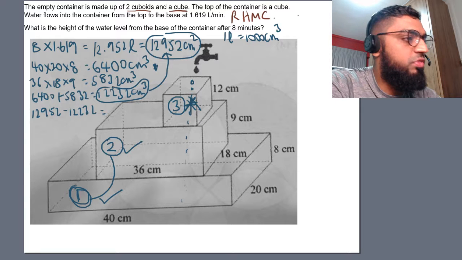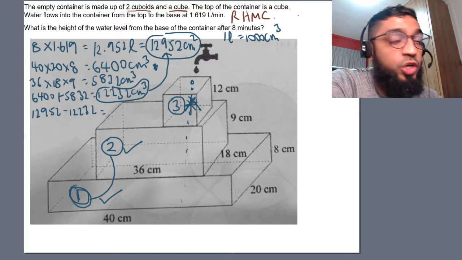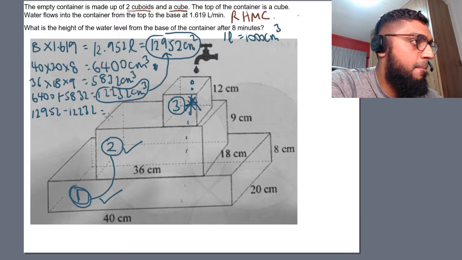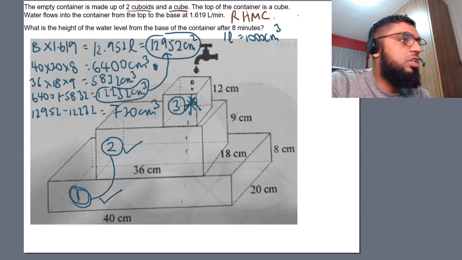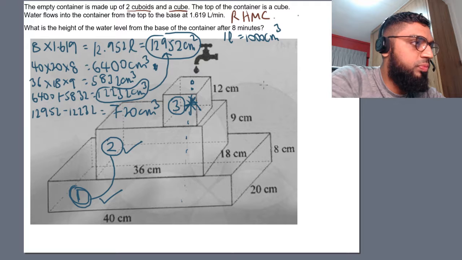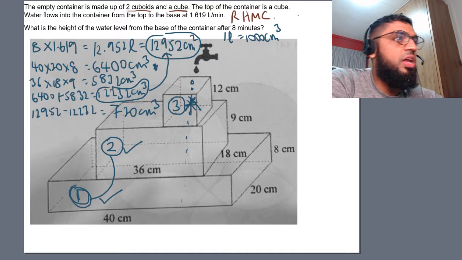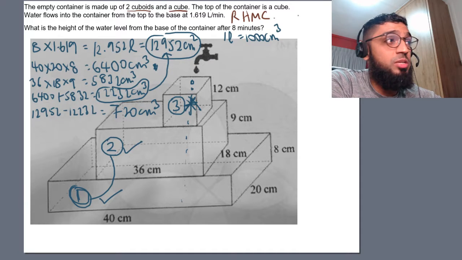Let's see what is the volume of water that ends up in the cube. That is 720 cm cube.